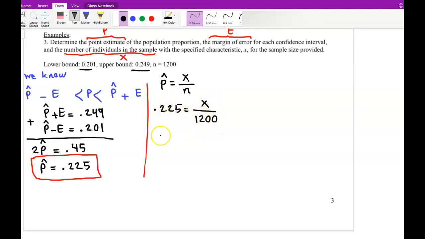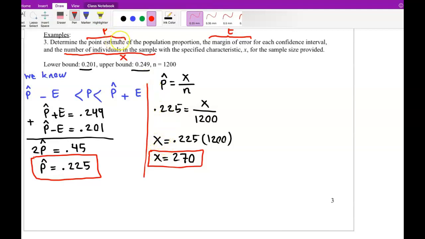So 1 times x equal to 0.225 times 1,200. So x is equal to 270. So that is our x.